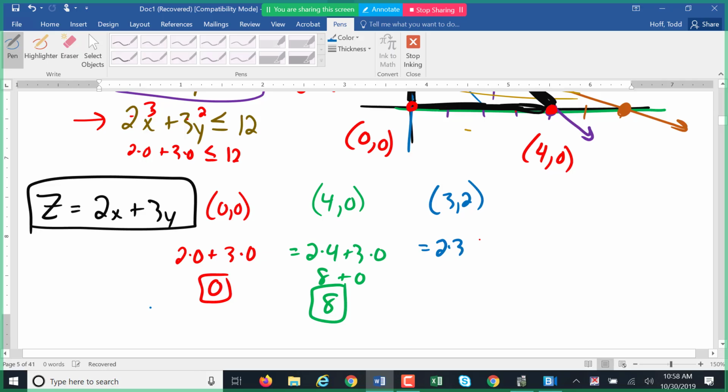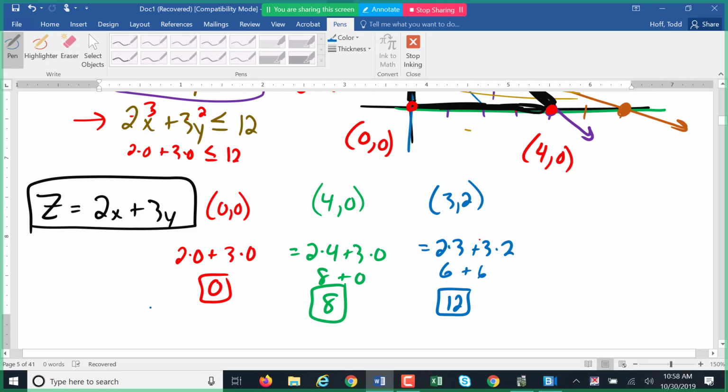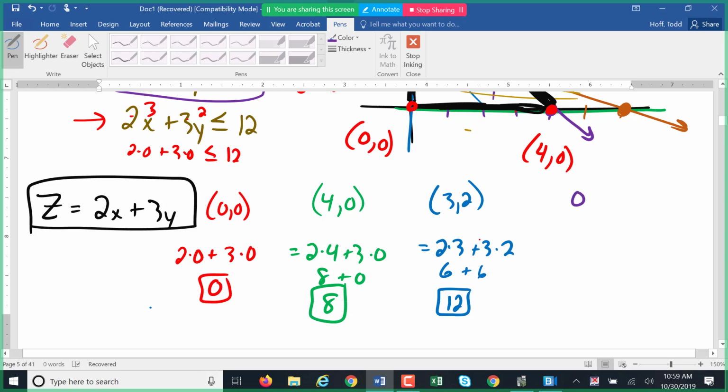So that equals 2 times 3 plus 3 times 2. 2 times 3 is 6. 3 times 2 is 6. That adds up to 12. That's our best one so far. Let's test our final point, which was 0, 4 here. So that's 2 times 0 plus 3 times 4. 2 times 0 is 0. 3 times 4 is 12.